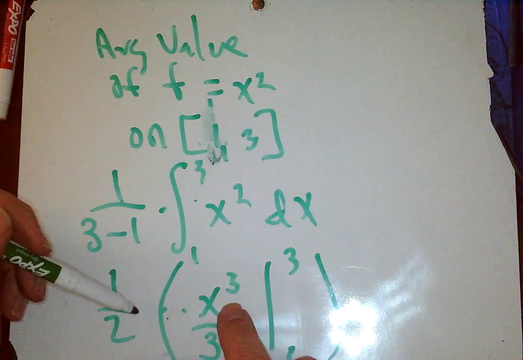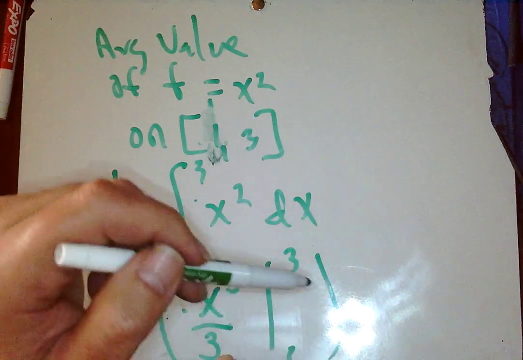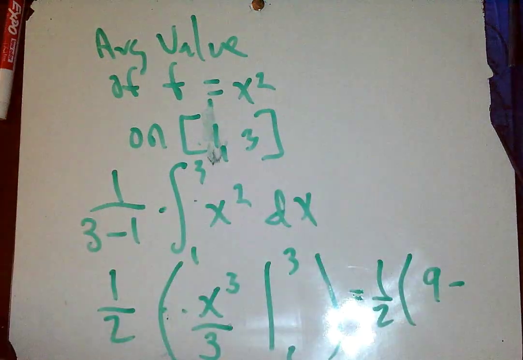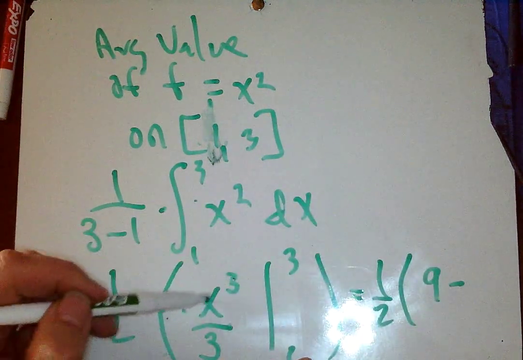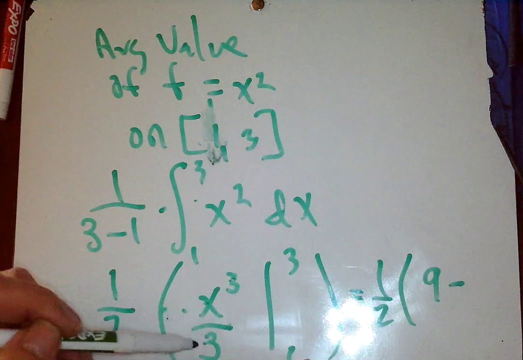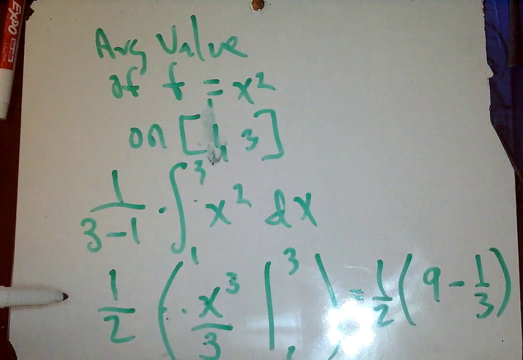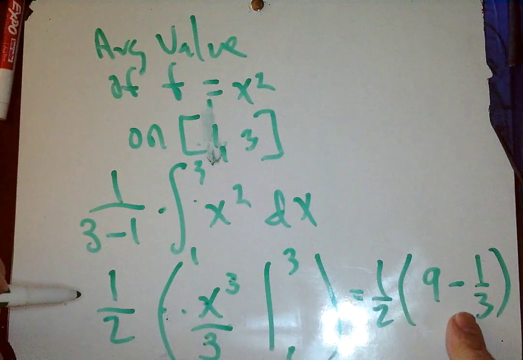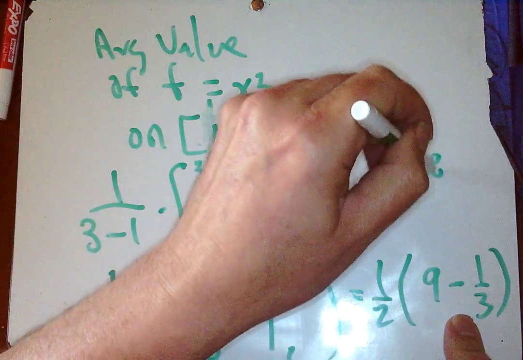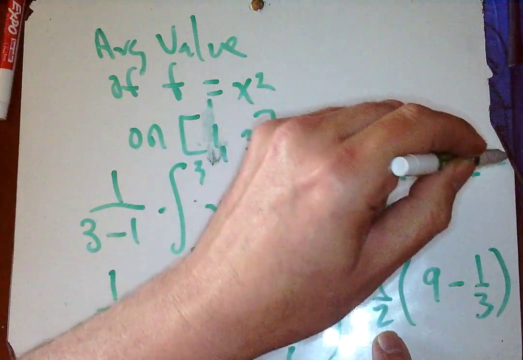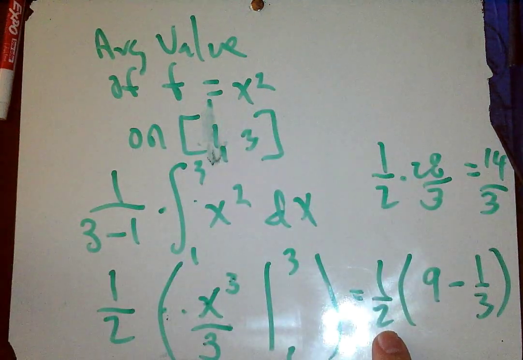So 3 to the third, 27, divided by 3 is going to be 9. And if I plug in a 1, 1 to the third is 1. 1 divided by 3 is 1/3. And so I guess this is 27 thirds minus 1/3. I have 28 thirds times 1/2, which is 14 thirds.